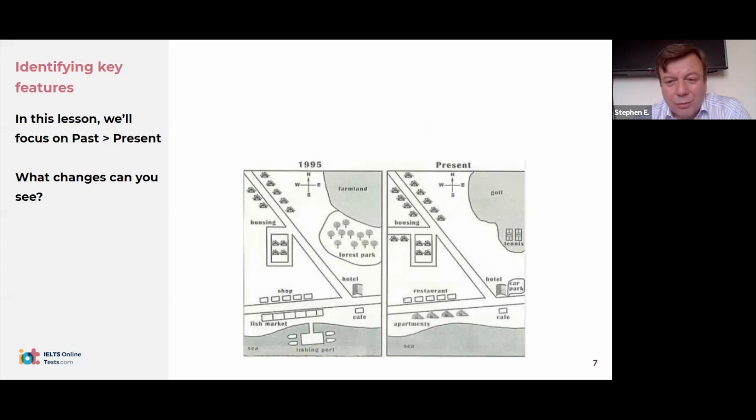Land uses, yeah, trees, golf, farmland, less parks, fishing port, yeah, good. Tennis courts, good. Golf course, yeah, has replaced farmland, good.